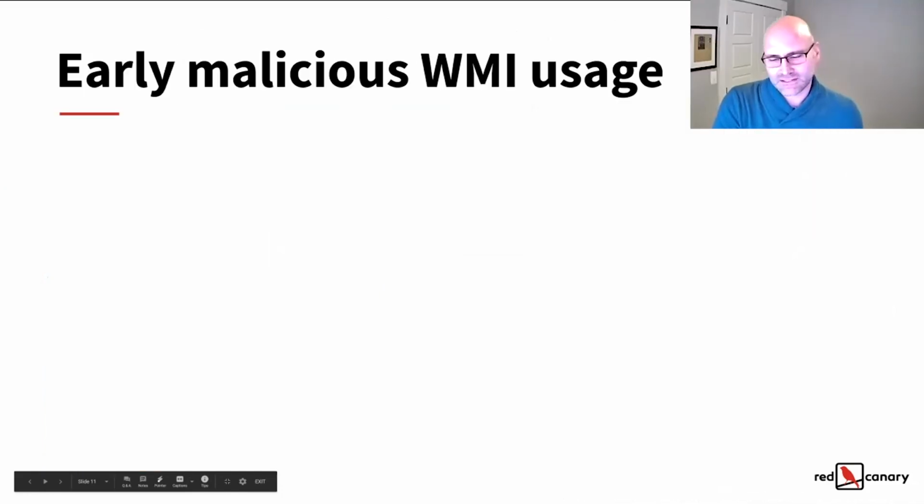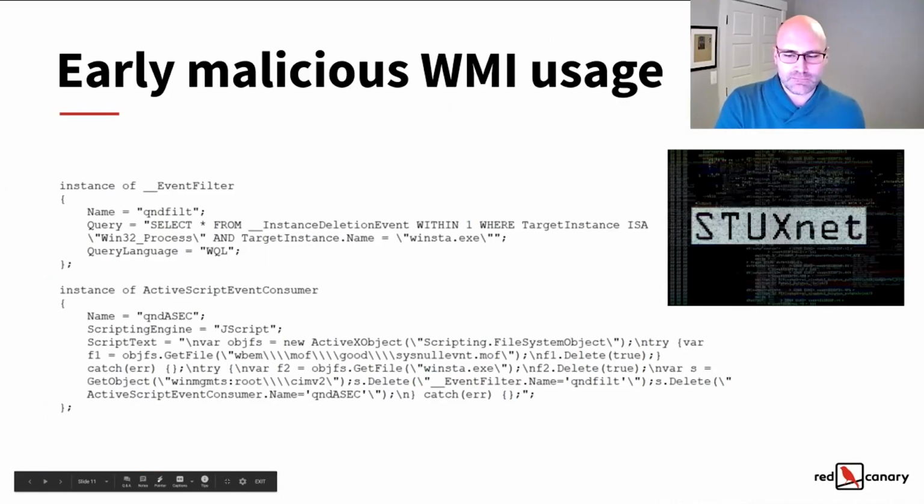Sure. So I think Stuxnet in many ways was so groundbreaking in terms of all the different zero days it used and advanced tradecraft. One of the areas that gets less focus or attention is how it used, peppered within there, WMI. It is one of the earliest examples I can find.